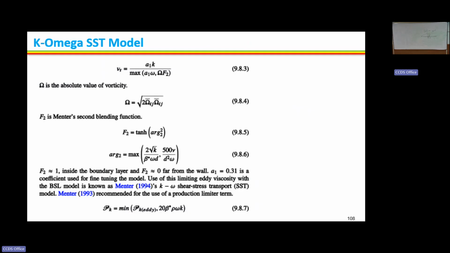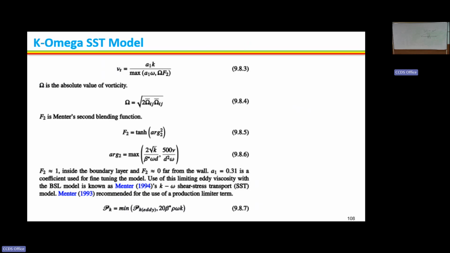Again, in 2003, Menter did a correction in his paper. Here, to calculate the omega, he used the mean vorticity. He found in gas turbine research that these are not invariant.